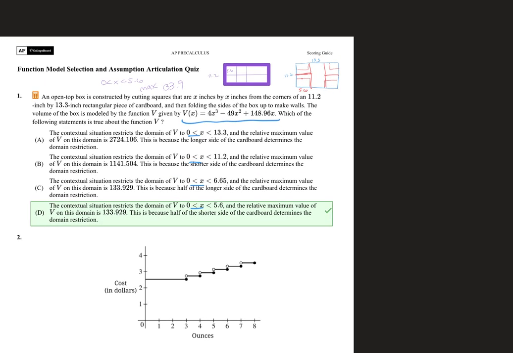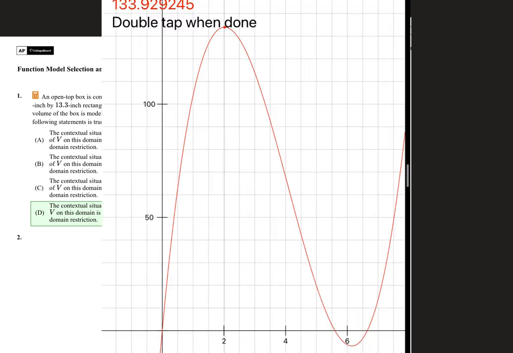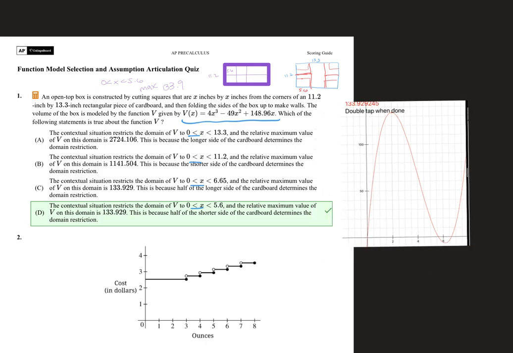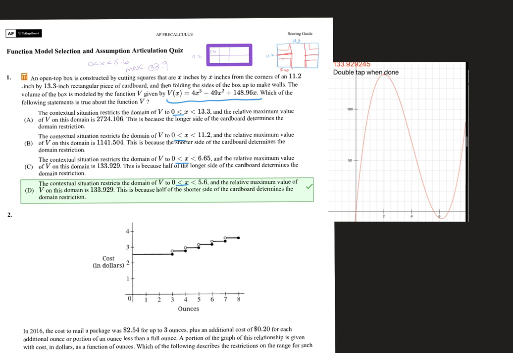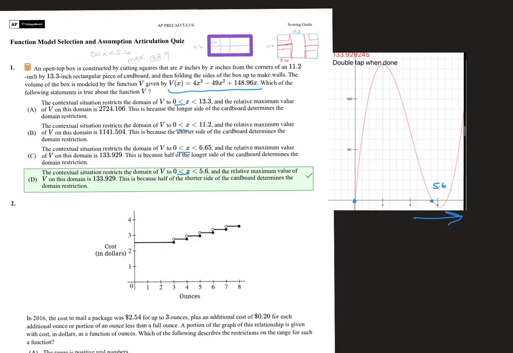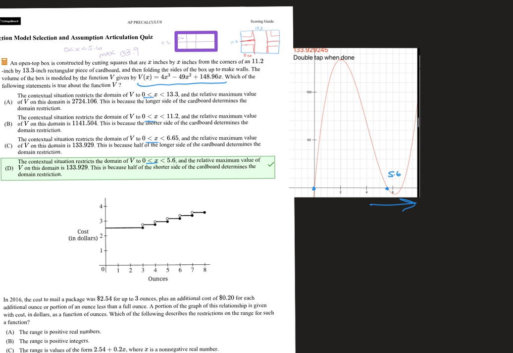If you actually graph this function, it looks like this. It's a cubic function. And if you look, notice that my domain is actually never going to stop, but this first section goes from 0 to this point here, which is 5.6. And if you think about what you're talking about, a box that is 13.3 and 11.2, and we need to cut corners out of all the sides.